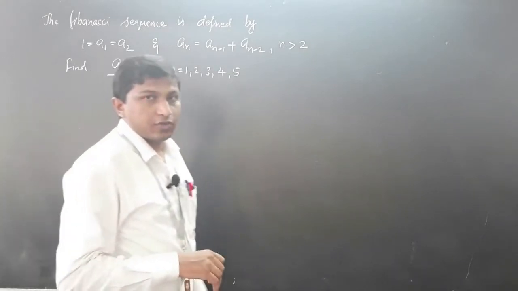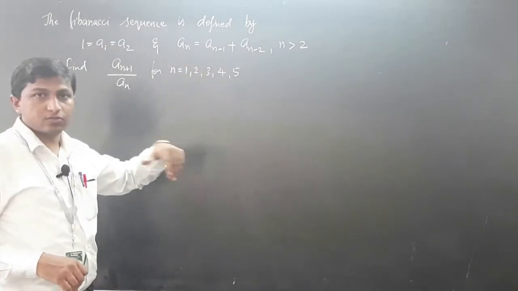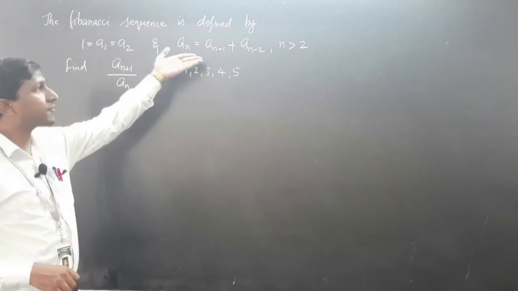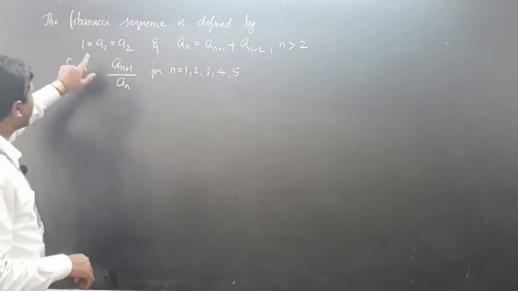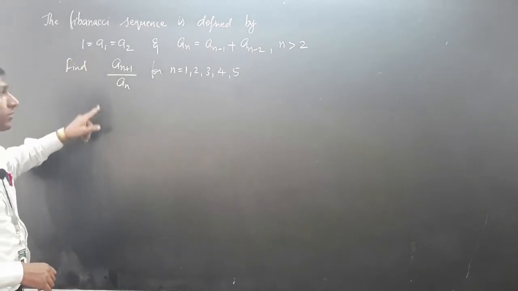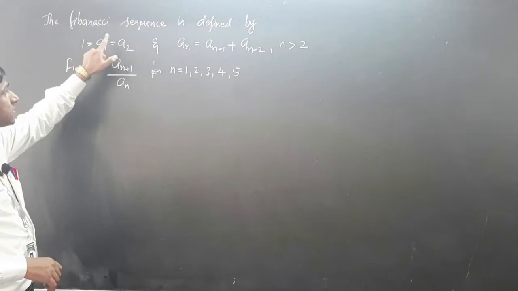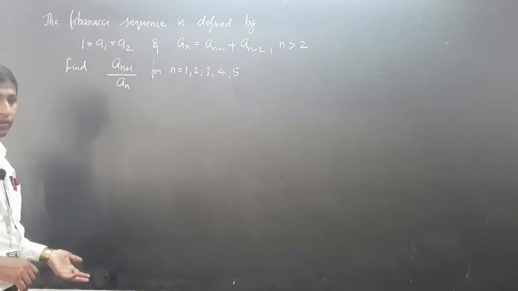Okay, look here, the Fibonacci sequence. So, what is the Fibonacci sequence? The definition is given here. We have 1 equals A1 equals A2, which means the first term and the second term are both equal to 1.